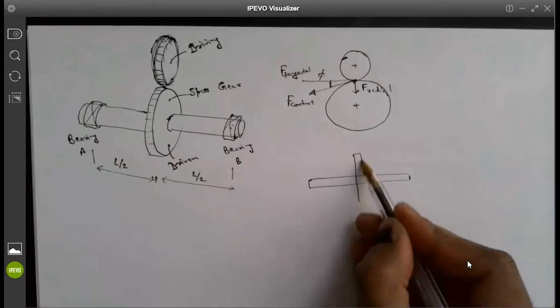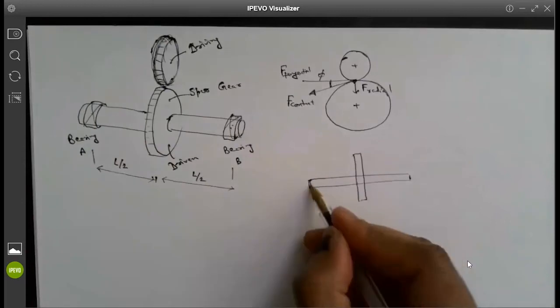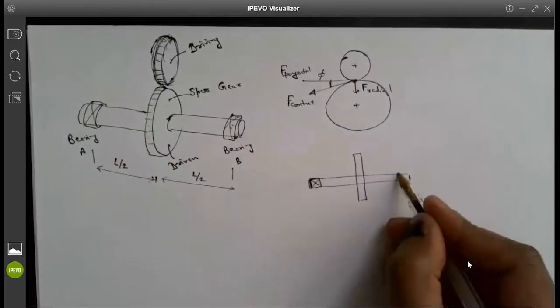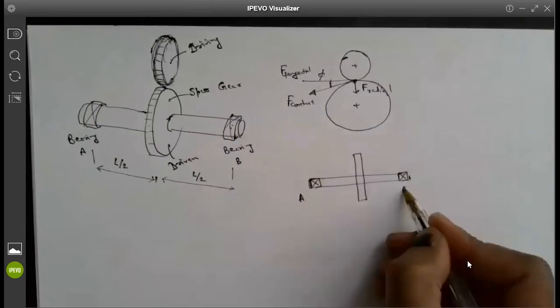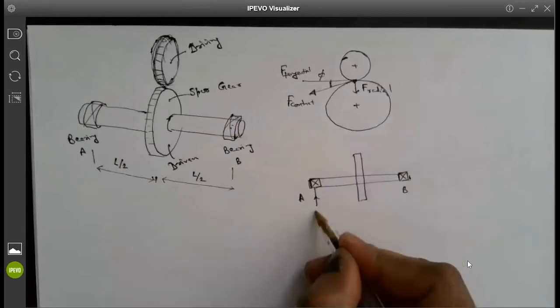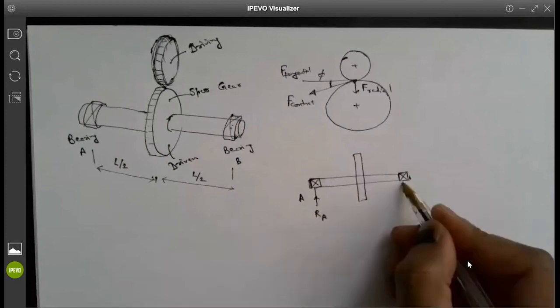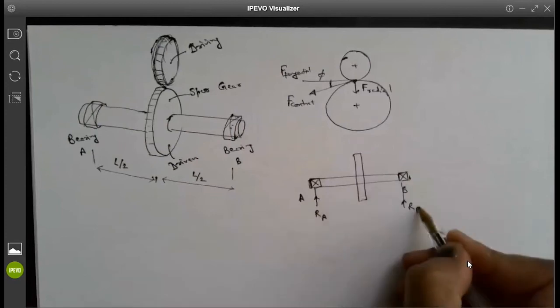So I can basically calculate the reactions at the bearings location.